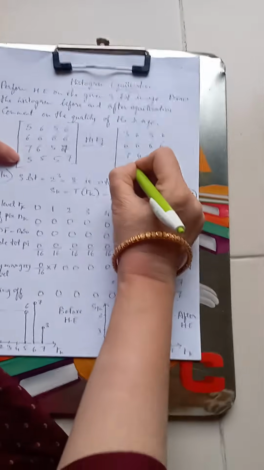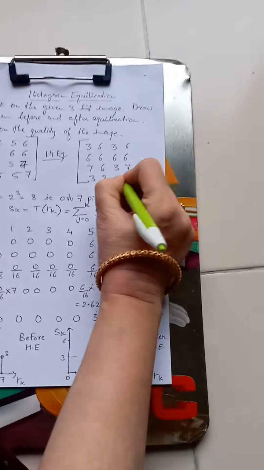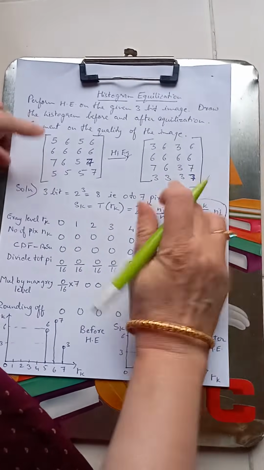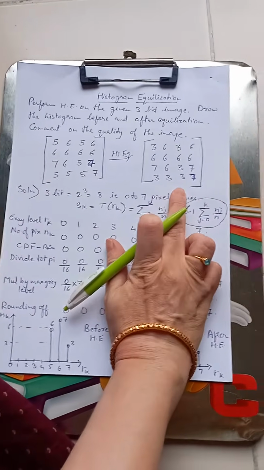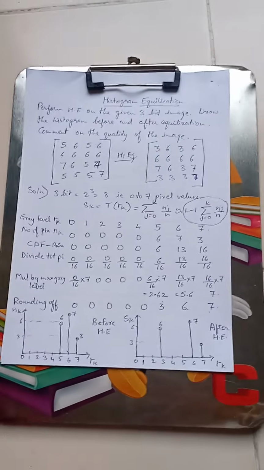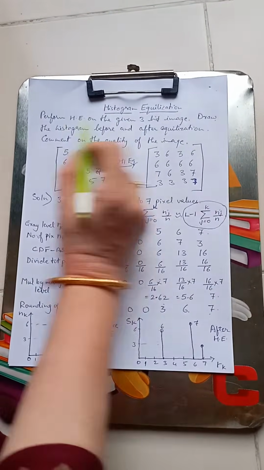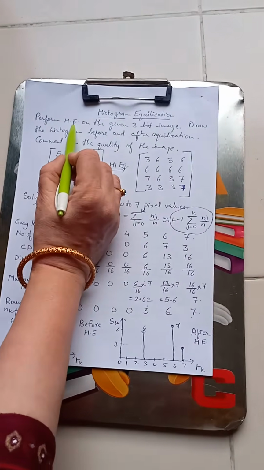So 5 becomes 3, then 7, and again 3, 3, 3, 3, 7. So this is our new image after histogram equalization. We have finished the first part, that is, perform histogram equalization.